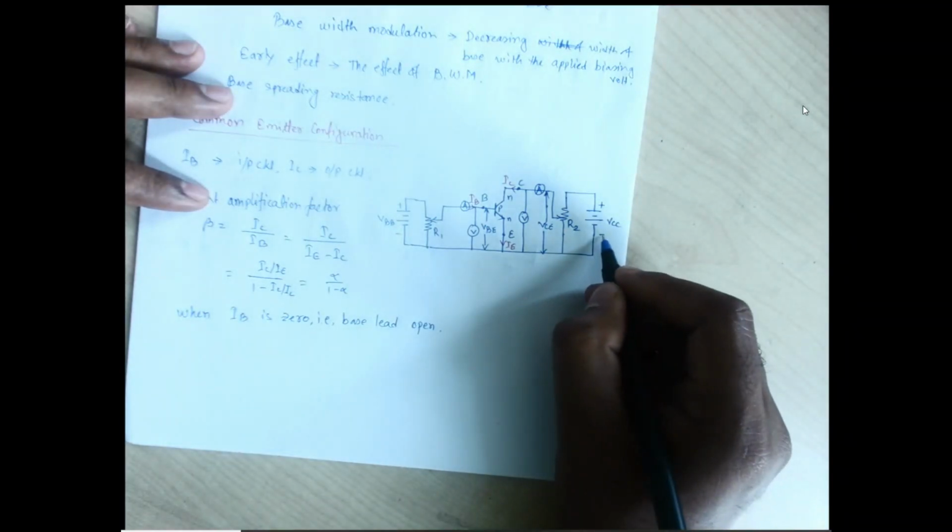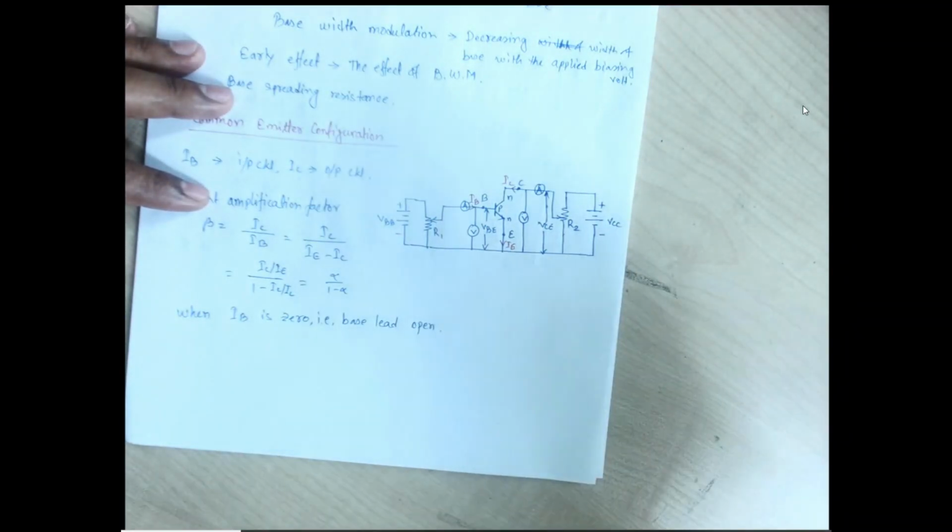It will attract all the charge carriers coming from this emitter, but some negative potential has been connected with the emitter, and this base junction is open. So the circuit is open, but according to our concept, proper biasing has been provided to the emitter and collector.